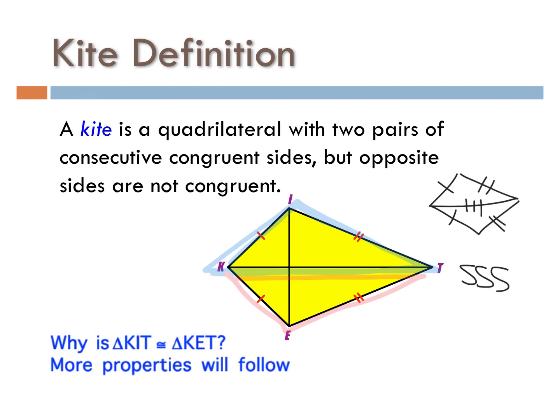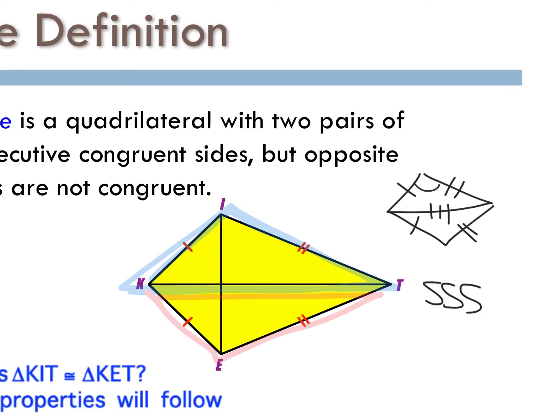Which would then, by CPCTC, mean that the angles are all congruent. So like this angle would be congruent to this one. How that transfers to my picture is angle I is congruent to angle E.